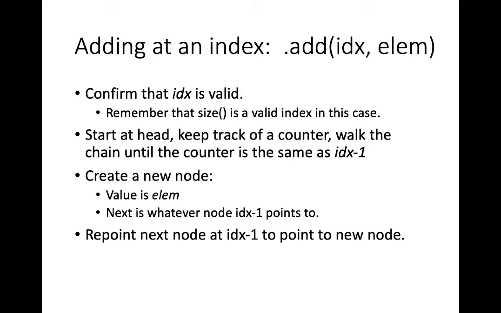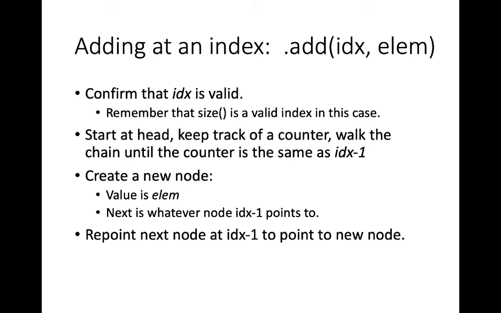When I'm adding a value to the list at a particular index value, certainly I can add at the beginning at index 0, but I can add all the way up to and including size, because adding at size is the same thing as adding at the very end, right?